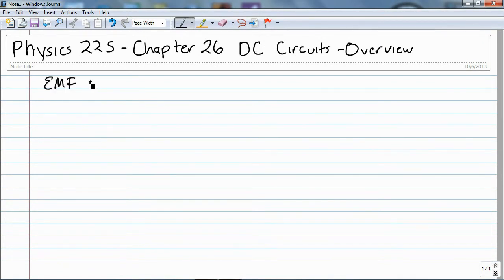So this chapter on DC circuits, we're going to start with topics of EMF and terminal voltage. And with that, we're going to talk about the idea of modeling.